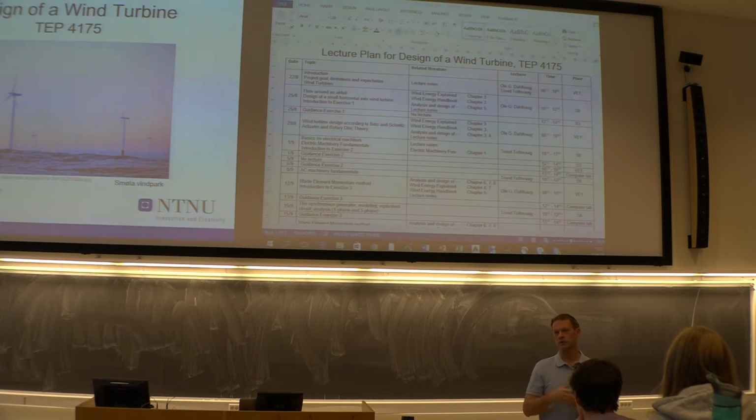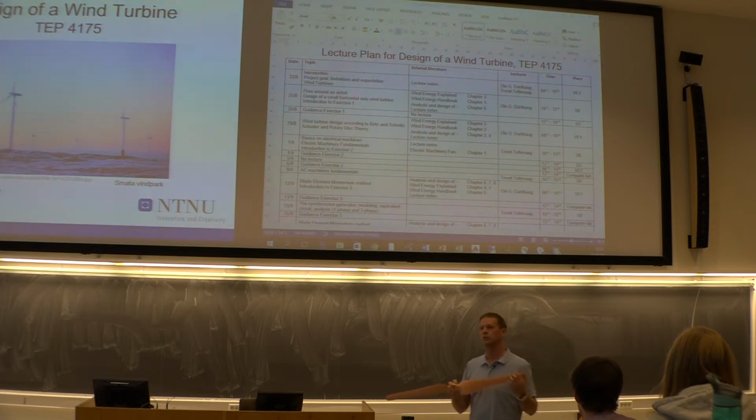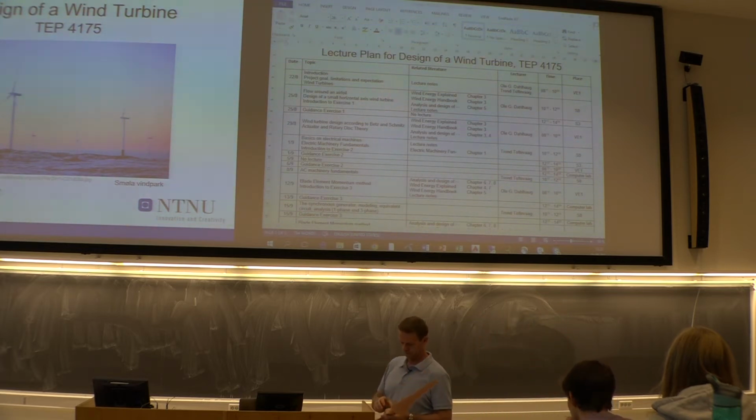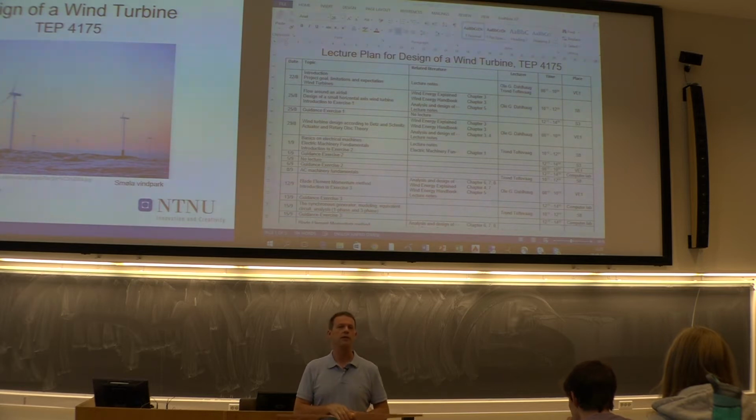We are going to divide you in groups along the way, and each group is going to design a wind turbine blade, just like this one. You're going to evaluate it, test it numerically, and then we're going to make a 3D drawing and later machine it with a CNC machine.